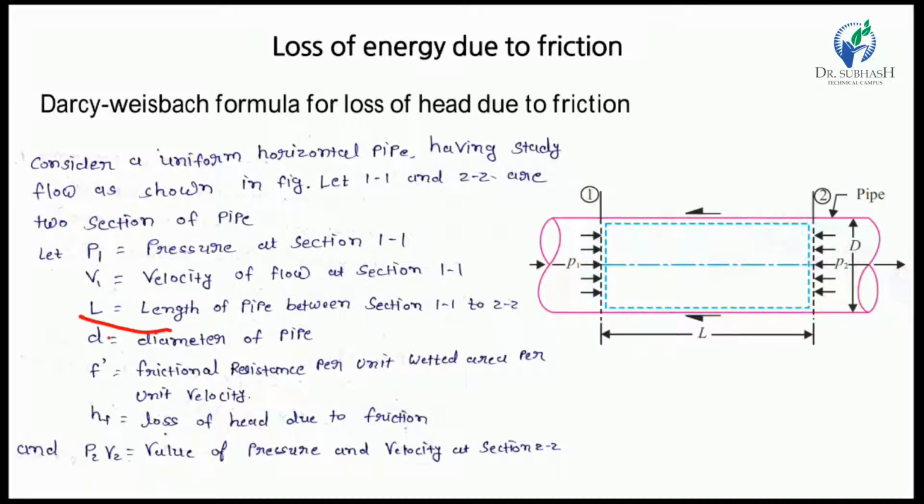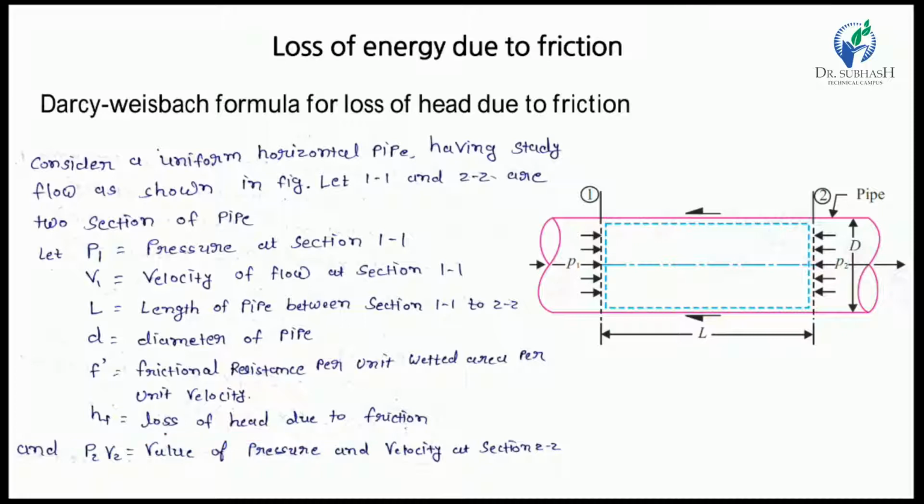L is the length of pipe between section 1 and section 2. D is the diameter of pipe. F dash is the frictional resistance per unit wetted area for unit velocity, and HF is the loss of head due to friction.